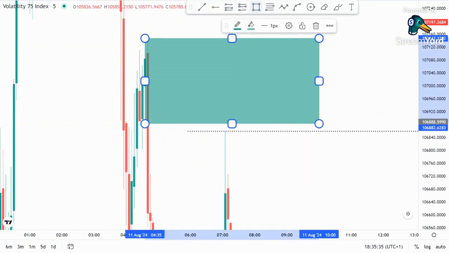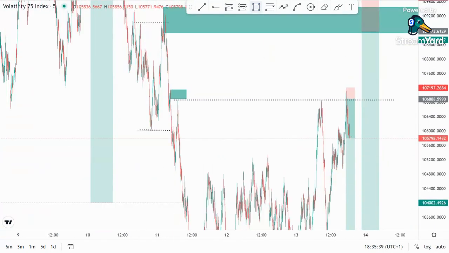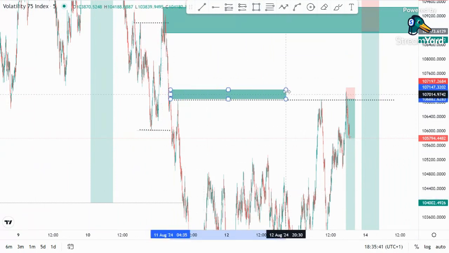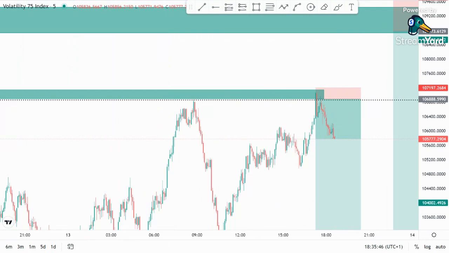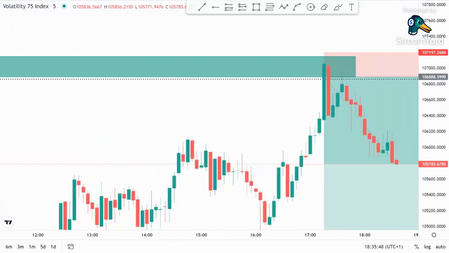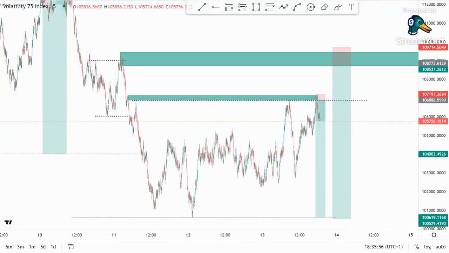So this was what I saw. Then I said, okay, I'm waiting for confirmation. I will show you where I sent it to our group. Price gave us a clear confirmation, candle patterns. After I saw that confirmation, I said, now we can sell, and we're selling to this now.